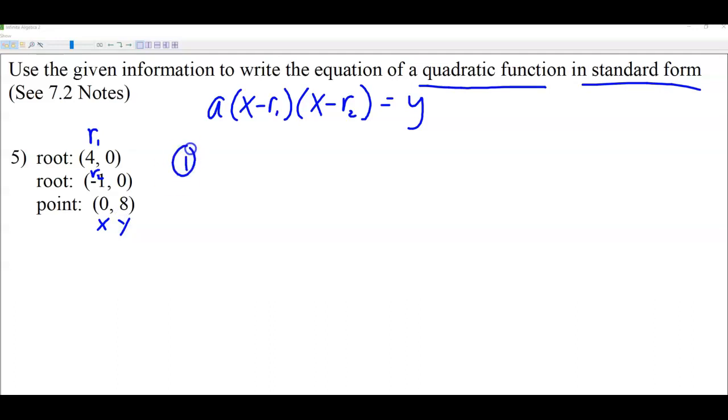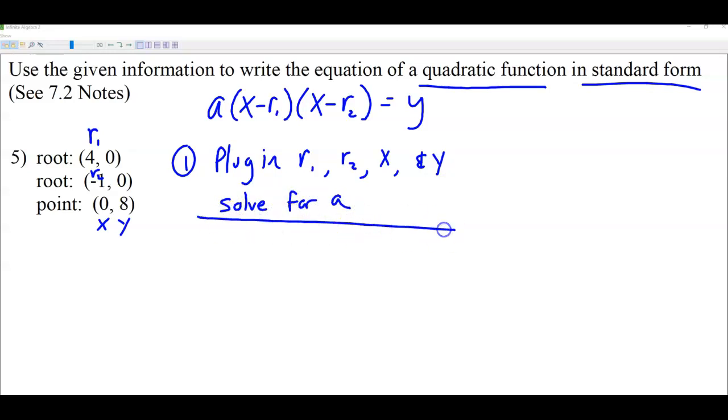So for step 1, we're going to plug in r1, r2, x, and y. And then we're going to solve for a. Pretty similar to the last problem. My x value goes here, and that is 0.